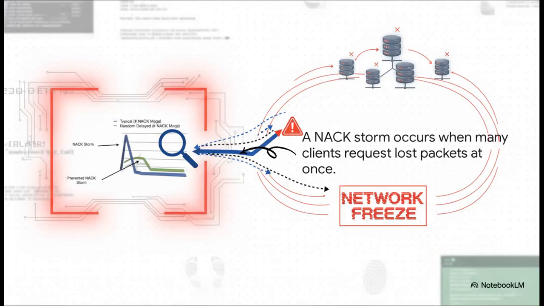And one of the most critical events you need to watch for at the SFU is something called a NACK storm. NACK stands for negative acknowledgement. It's basically a client yelling, "Hey, I missed a packet, send it again." Now, a few of those here and there, that's normal. But when tons of clients start yelling for lost packets all at once, you get a storm. It floods the network, and it's a giant flashing red light that a video freeze is coming.